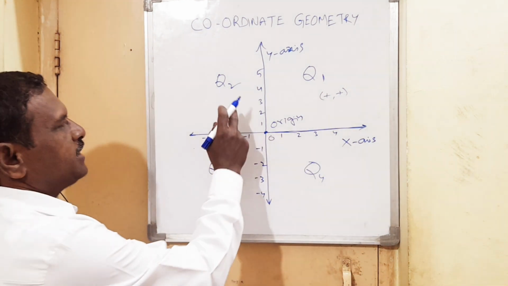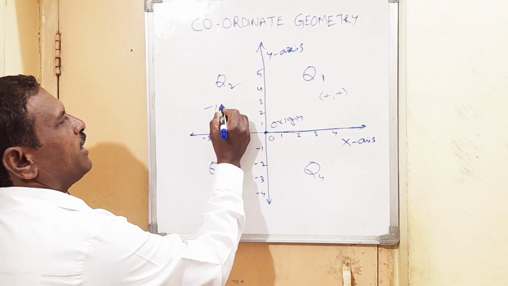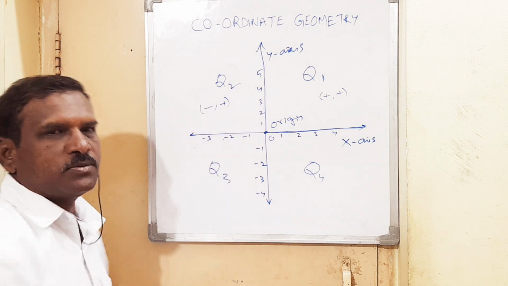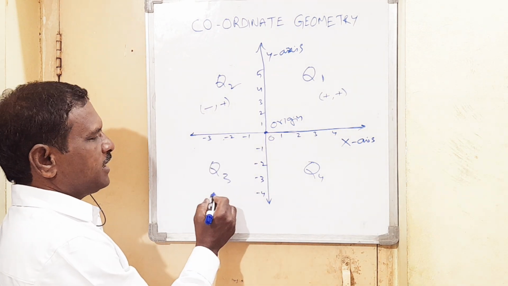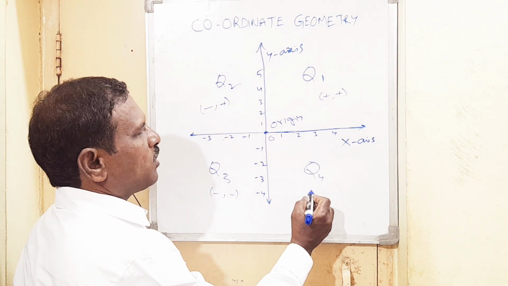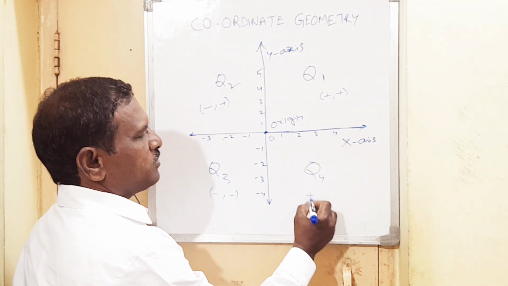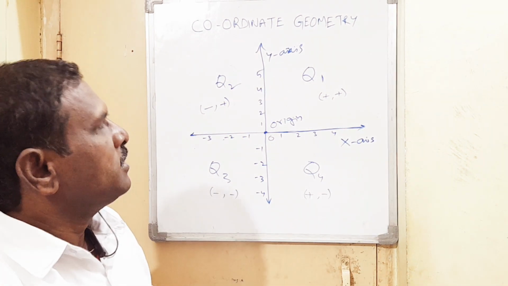If you come to the second quadrant, the x-coordinate is negative and the y-coordinate is positive. In the third quadrant, both the x-coordinate and y-coordinate are negative. In the fourth quadrant, x is positive and y is negative.